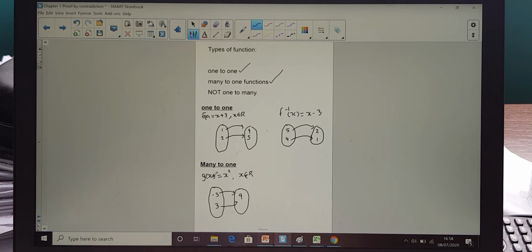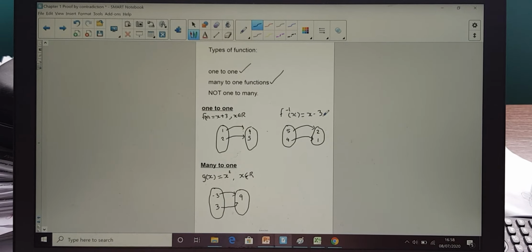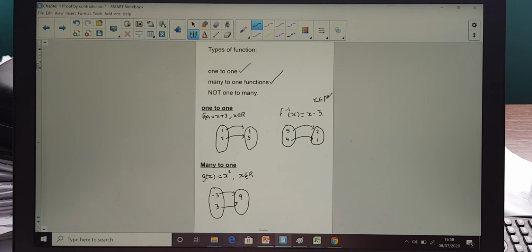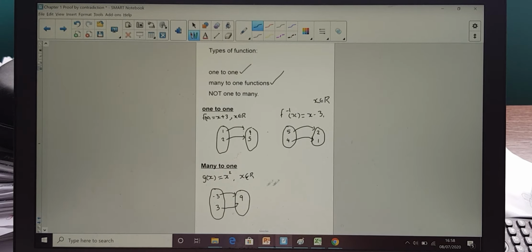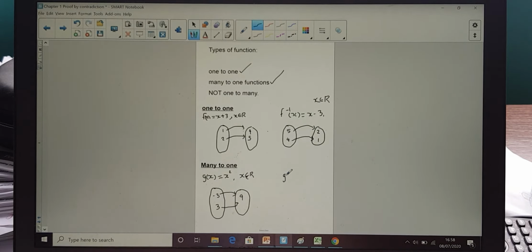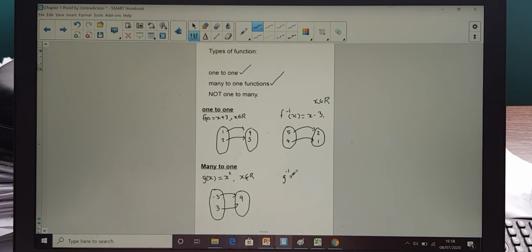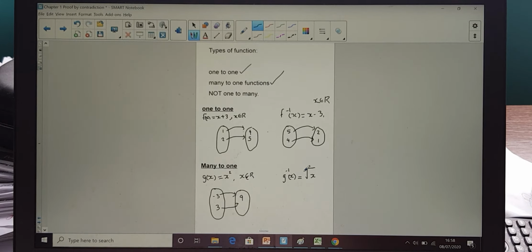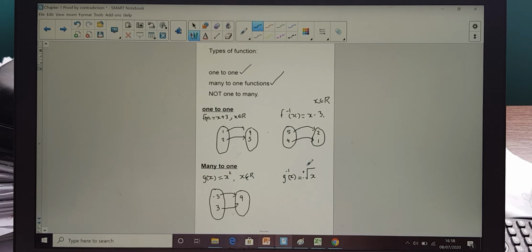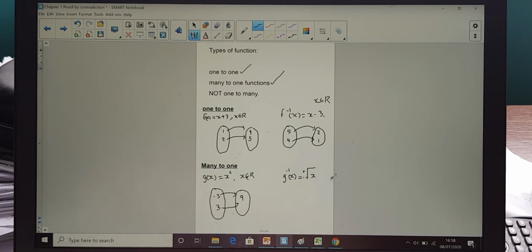Because if I do the inverse function of this one here, and what I should have said there again, apologies, is x is any real number. For this one, the inverse function, the opposite of squaring something, would be the positive and negative square root of x.